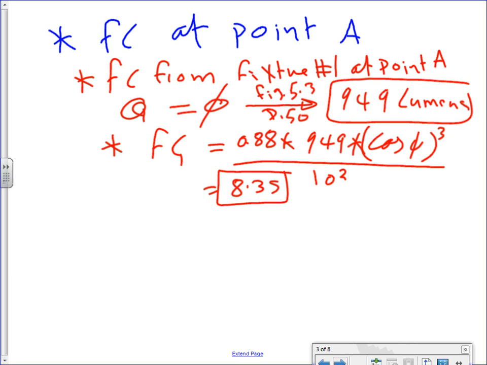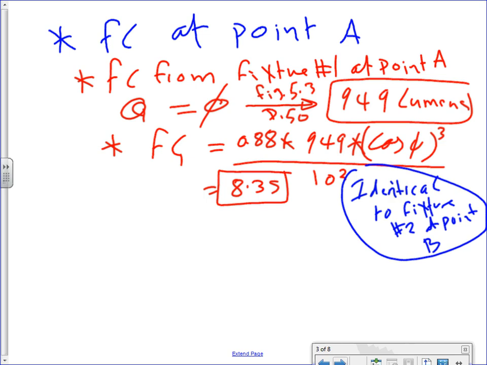Can you guys write yourself a note? You actually did not need to do this. I just did it because it's identical to fixture number 2 at point B, right? You can write yourself a note.